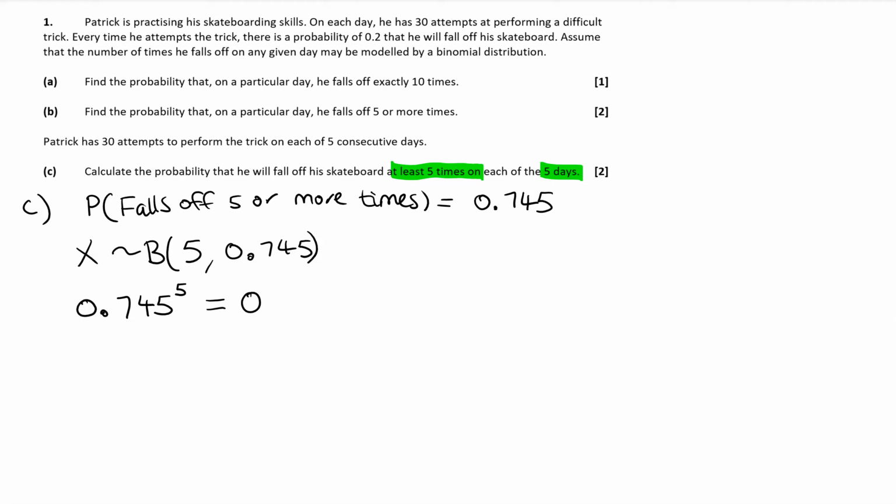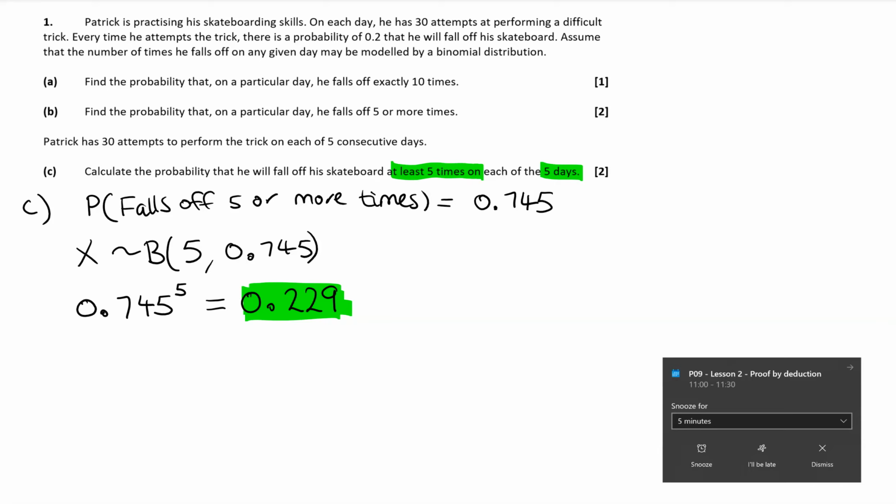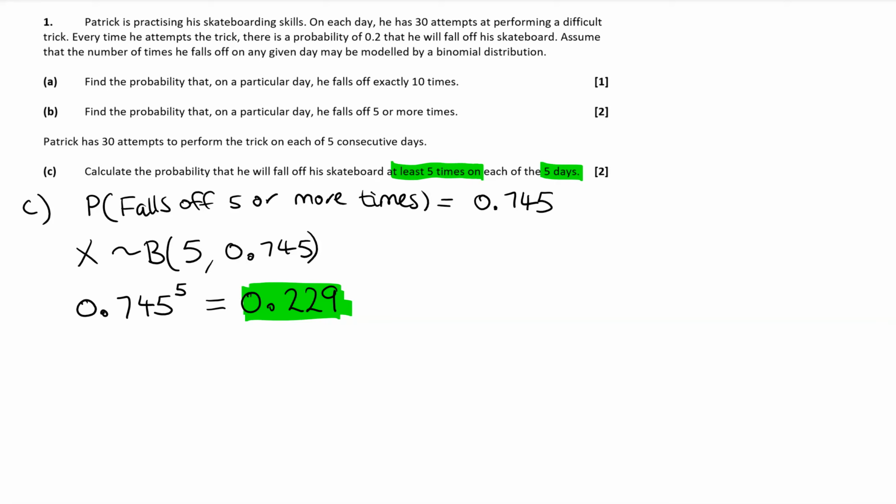And when we do that to 3 significant figures, we get 0.229. So you can just think about that. If you call the event that you fall off 5 or more times a success, which kind of sounds weird, then you're looking at that happening every single time for those 5 days. So you just need to do 0.745 times 0.745, etc. And then we'll get our answer as 0.229.